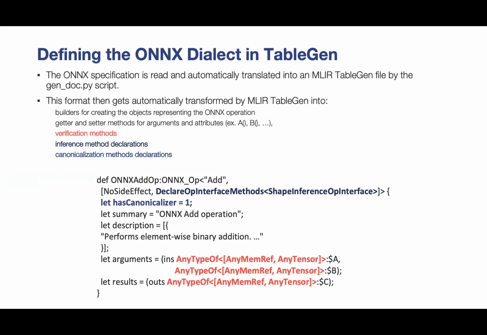In this particular example, this is an example of how TableGen is used. As I said, MLIR uses this to succinctly define operations.